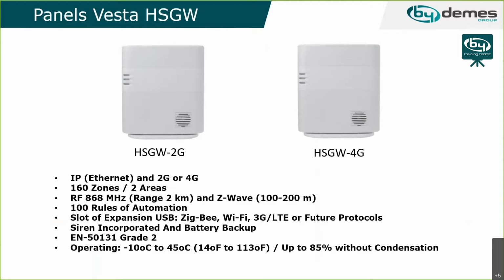Also on the panel, we have a USB slot where we can insert a ZigBee module or a Wi-Fi module if we want communication by Wi-Fi. We just need to insert the Wi-Fi module in the USB slot, and we can connect to our router by Wi-Fi, without any kind of wiring.